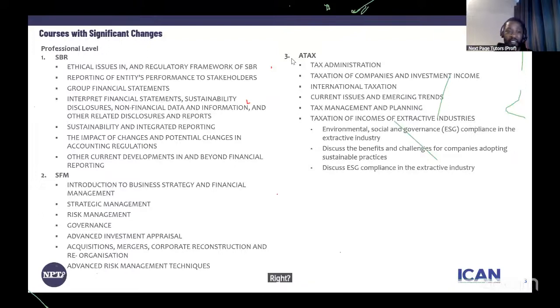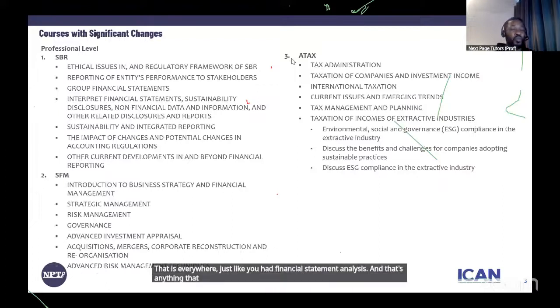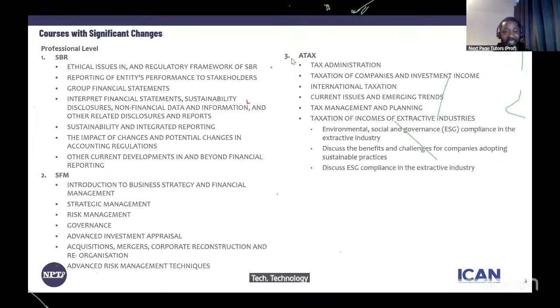So it's literally everywhere. Right now, there is a new one that is everywhere, just like you had financial statement analysis, and that's anything that has to do with technology, IT. Application of IT here and there. You need to pay attention to it because across all those papers, they have a good tendency of being examined.